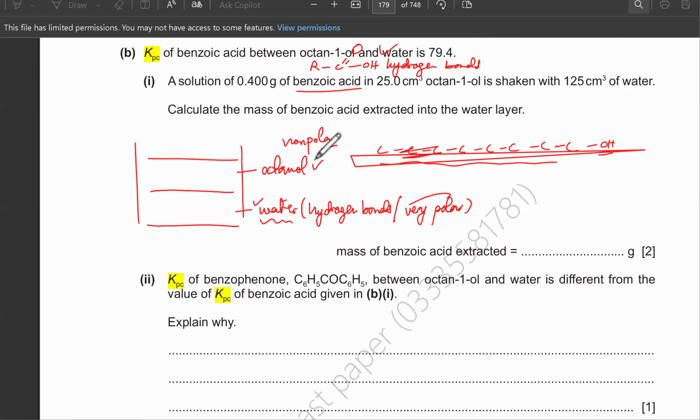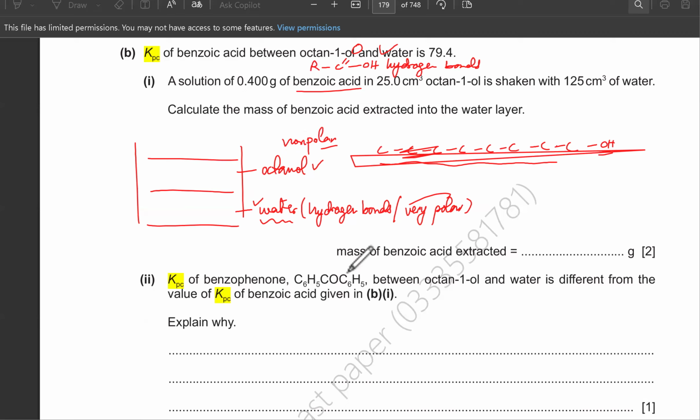Is that clear? Yes, sir. Now this is just relatively speaking. I don't know what the ratio is going to be, but my hunch is that benzoic acid is capable of forming hydrogen bonds, so you're going to find more of it in the water layer and less of it in the octanol layer, right? Now here's this other substance.